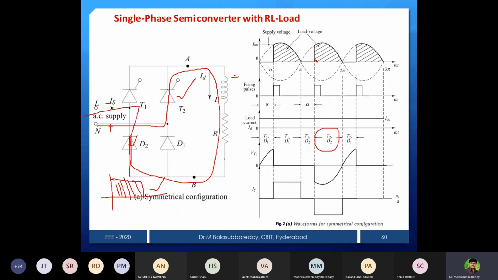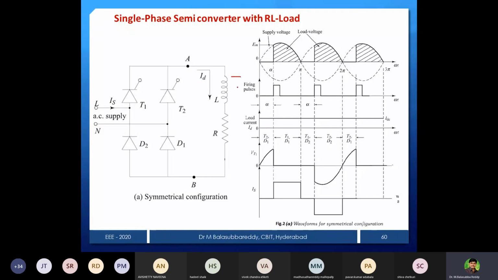Now the polarities are plus and minus, and it will charge. After that, once it reaches 2 pi, the polarities will reverse. This is minus, this is plus. So this leg is already conducting, and plus is now connected to this point and minus to this point. Therefore this leg will be short circuited.